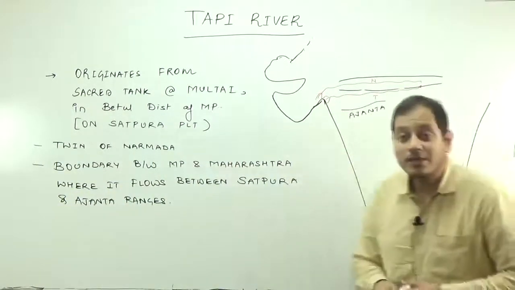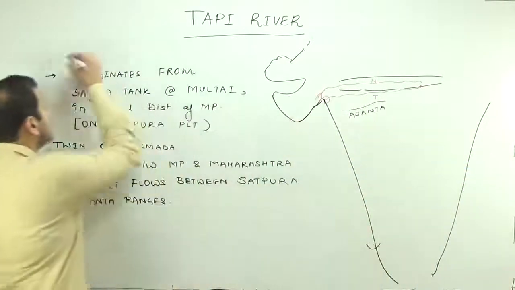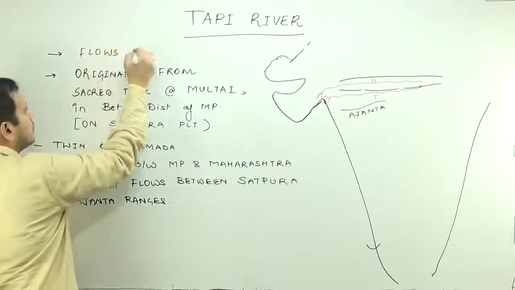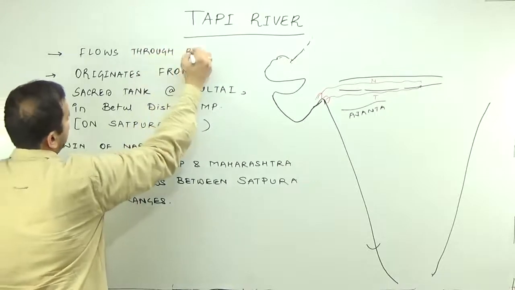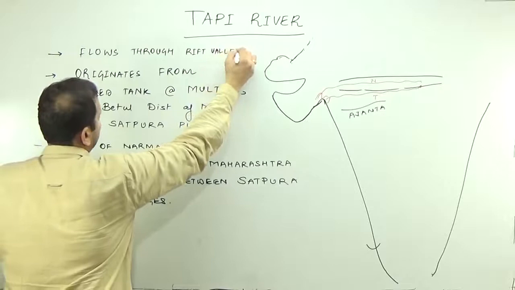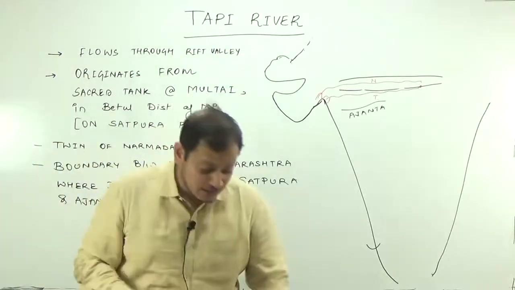So these are the important things about the Tapi. What you remember? Tapi is a river which flows through the Rift Valley. It flows in the western direction.